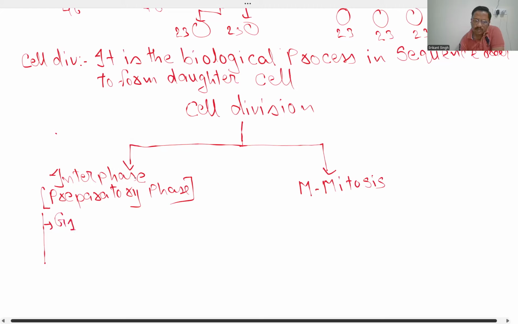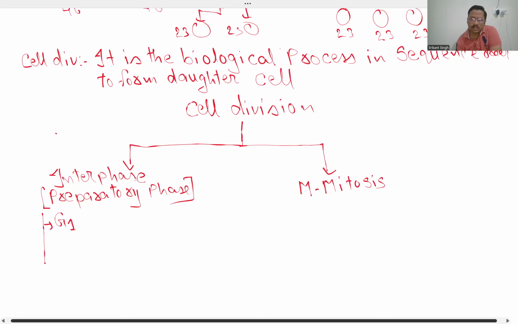G1 phase. So beta, in this phase, chromatin, the thread-like structure called chromatin, is going to start to condense.